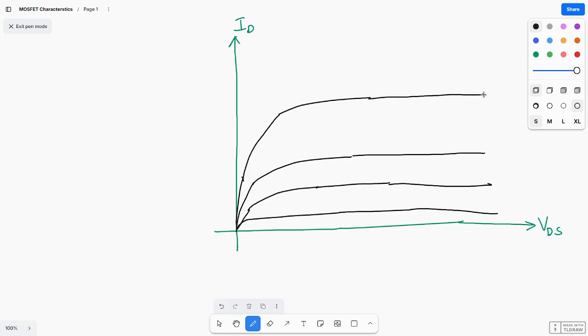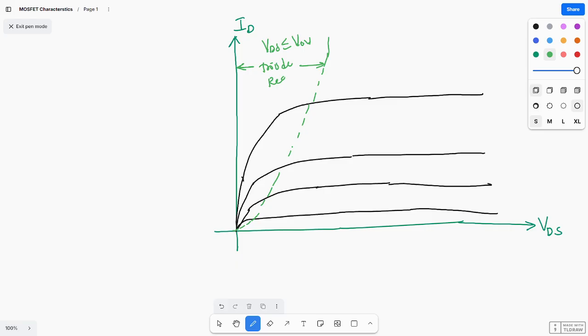So if you draw the locus, this is the locus. From here to here, what is this region? VDS is less than or equal to VOV, the overdrive voltage, VGS minus VT. This region is nothing but the triode region.